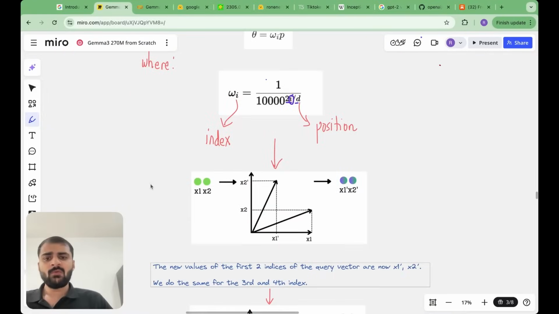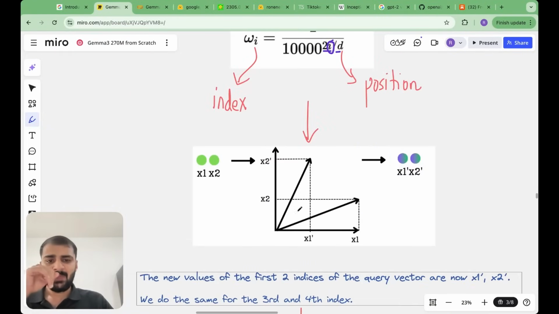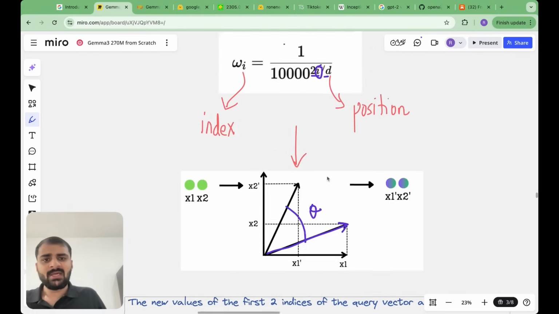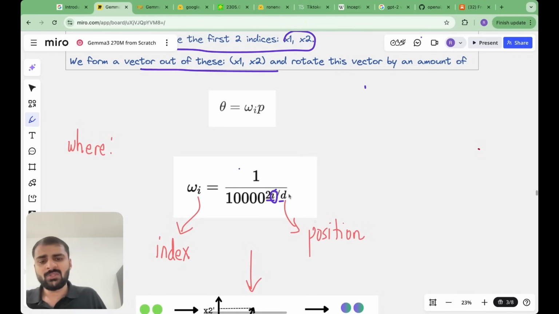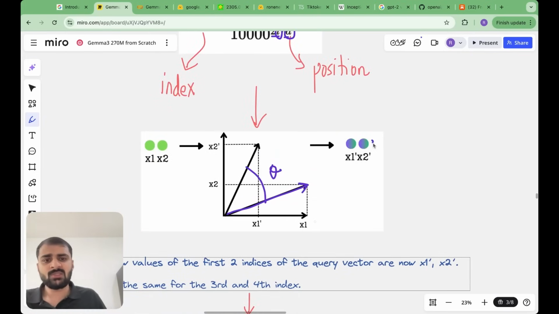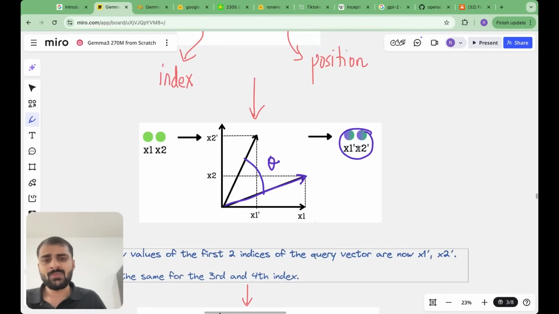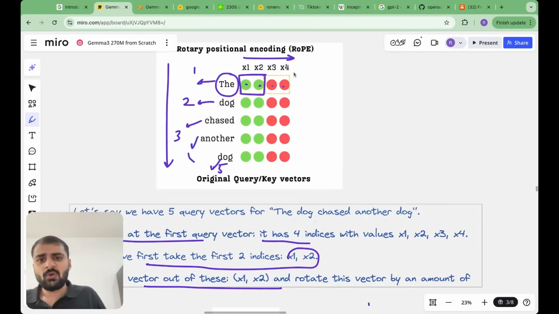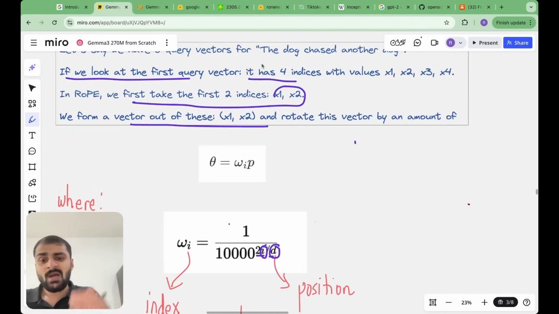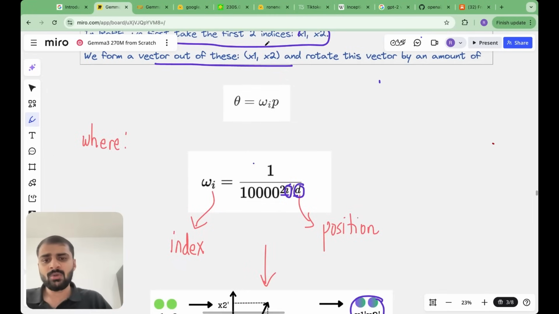Okay. So if you take x1 and x2 right now, let's say this is the original vector x1 and x2, it's rotated by an angle theta, and that theta is given by this formula, which definitely includes position information. This is how the information of position is embedded, and without changing the magnitude, we just rotate this x1 x2, and that gives rise to x1 dash and x2 dash, right? And x3 and x4 are also rotated. Can you see why they will rotate by a different amount?